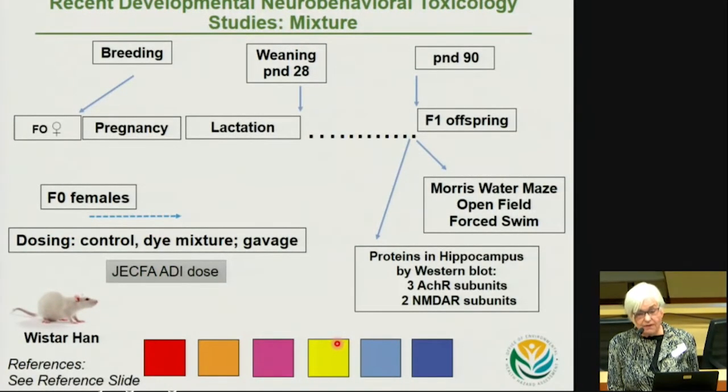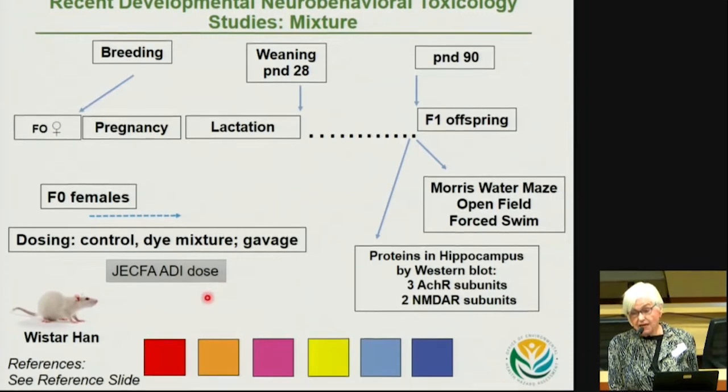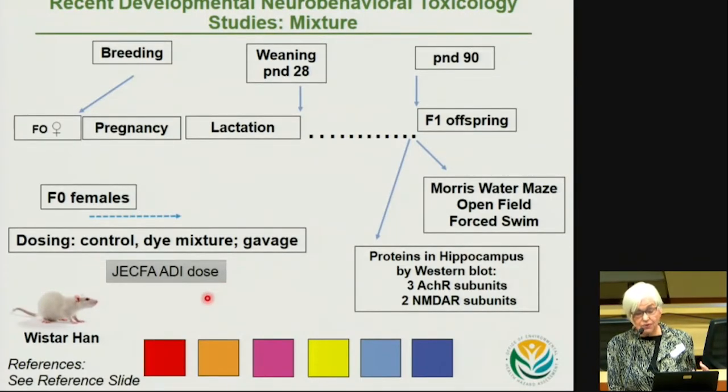Another developmental study design that's been used is the one where the dose is given only during pregnancy. This study used the JECFA ADI dose, not 100 times, but the actual ADI dose, and it gave a mixture of all 6 dyes. So this is a good mixture study, a mixture given during pregnancy.